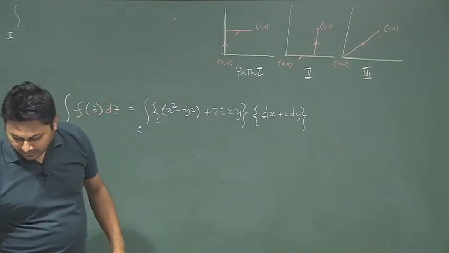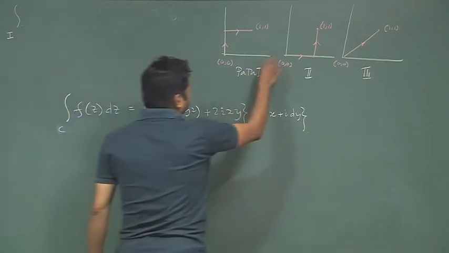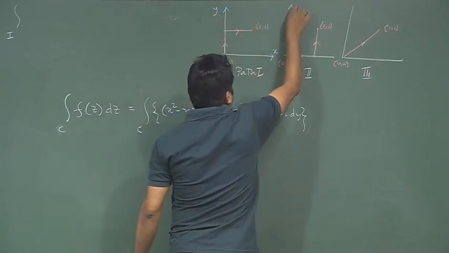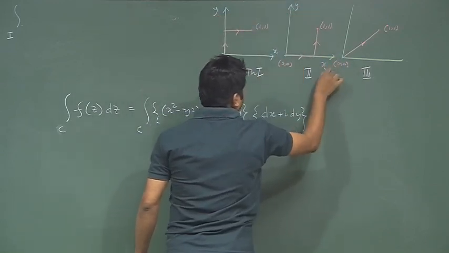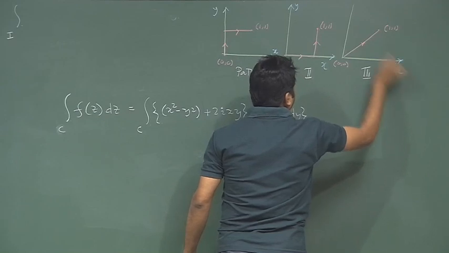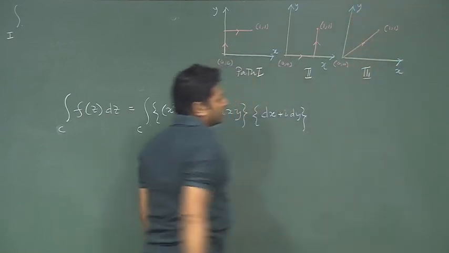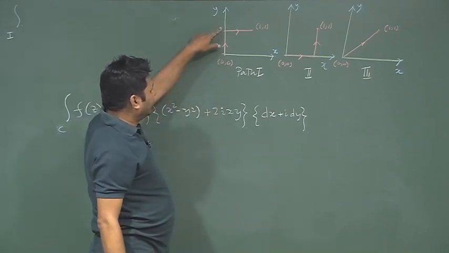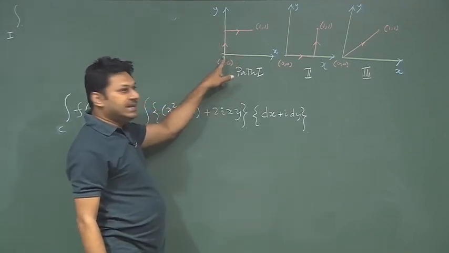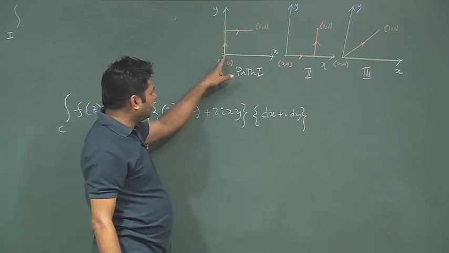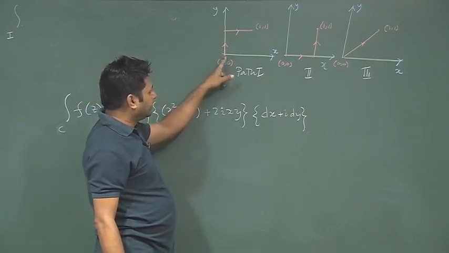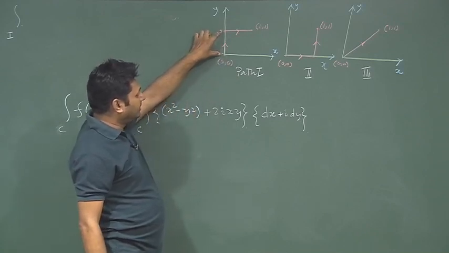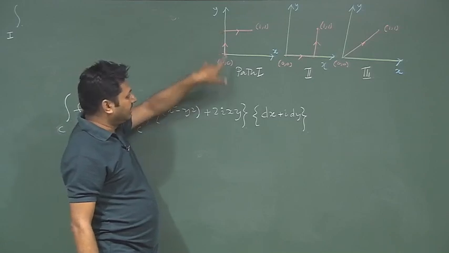So, let me define x and y here. I am going from here to here, so there is no change in x, only a change in y. So, dx is 0 and also x is 0, because x is fixed and the fixed value is 0.